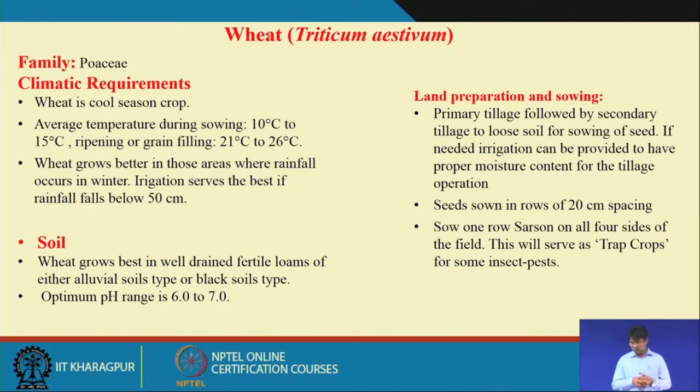That causes loss or death of seedlings, which may not emerge because of the water accumulation. That is why we go for pre-sowing irrigation and then sowing, to have uniform germination and stand establishment.